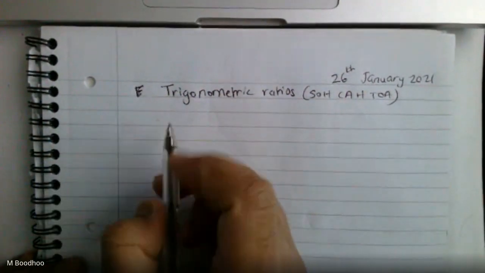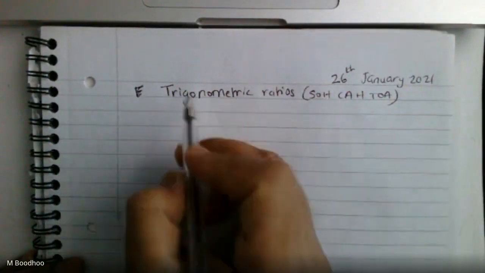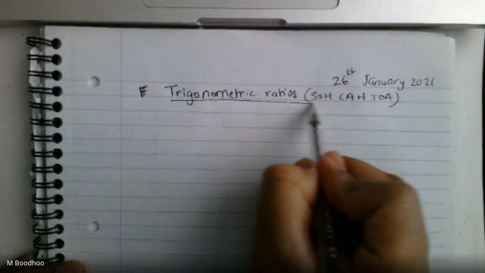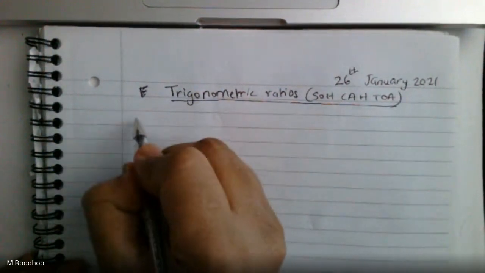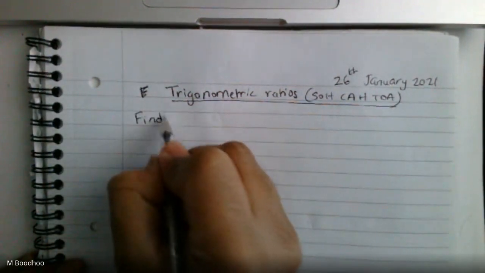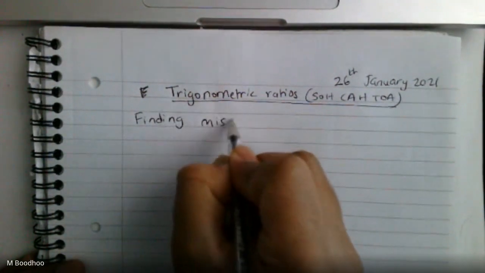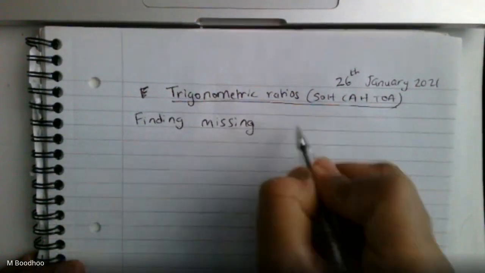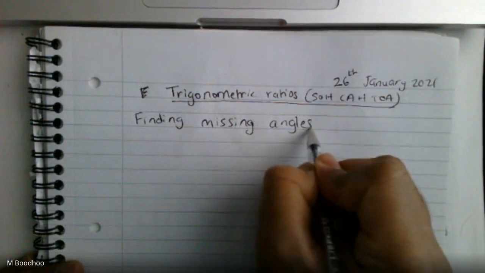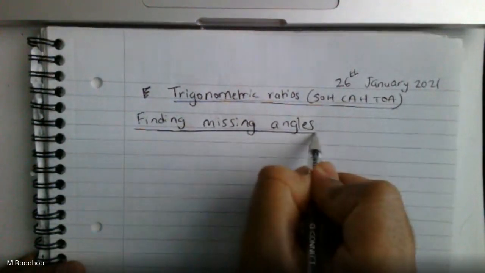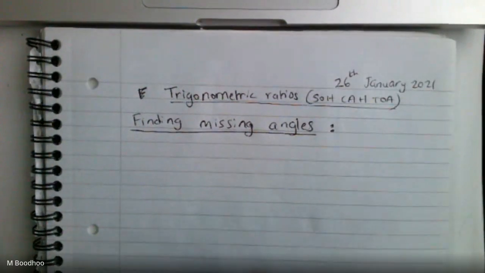That's the title. And today I'm going to show you finding missing angles. Okay, so we've looked at finding missing sides. So today we're going to look at finding missing angles.